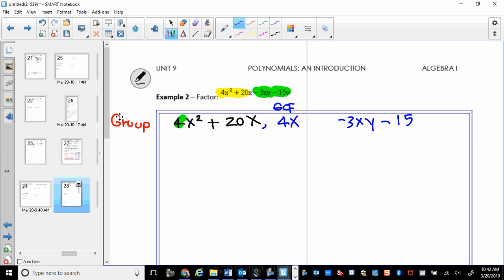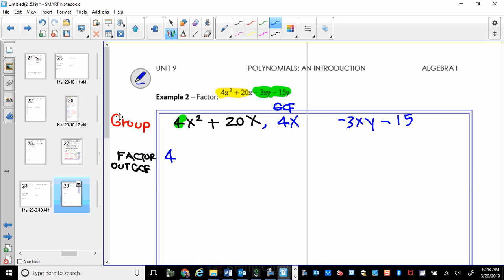Then we're going to work on factoring. Factor out the GCFs. We're going to factor out these greatest common factors. So that's our next step. So 4x comes out here, it swings out.